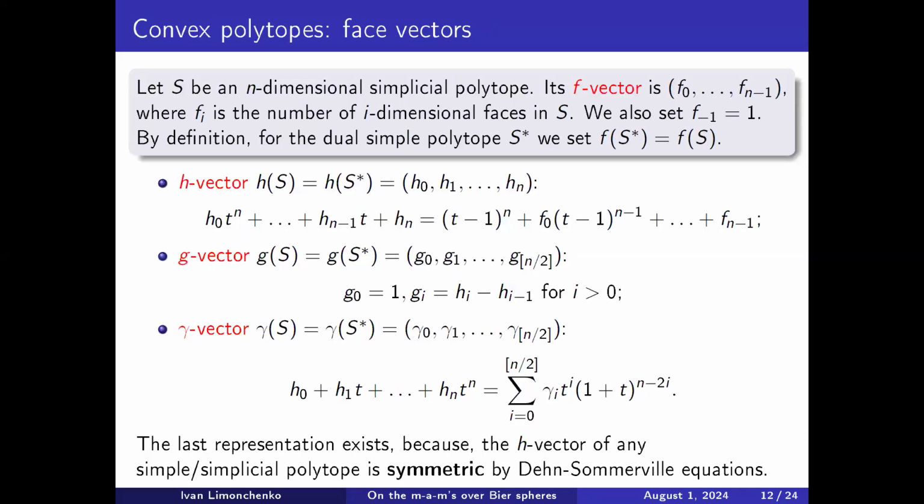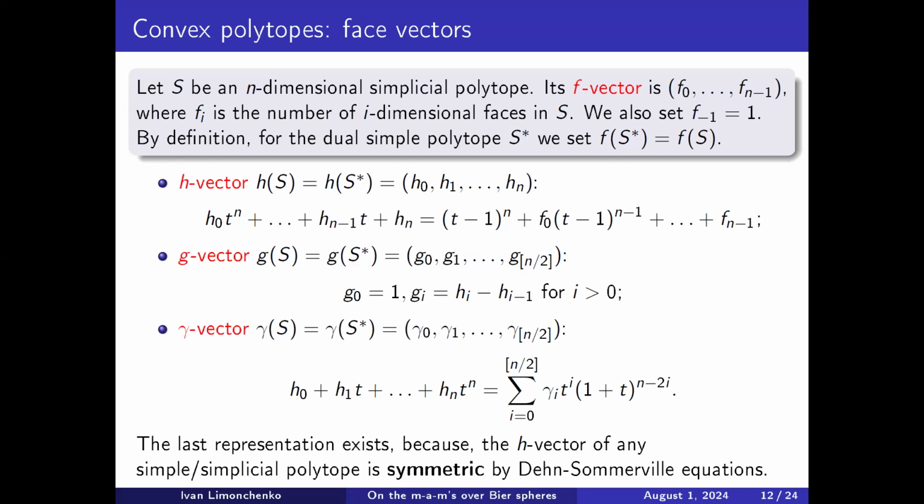To do this, I will briefly recall what a face vector of a simplicial complex is. Here I gave it for a simplicial polytope, but of course a simplicial complex is just a generalization in a certain sense, so you can use the same formulas to define f, g, and h vectors for any simplicial complex. These are some familiar formulas also used in toric topology.